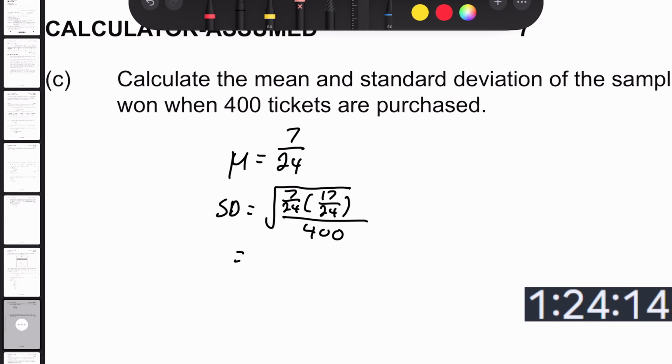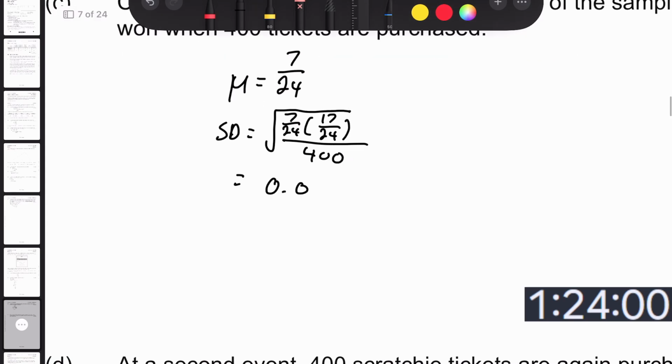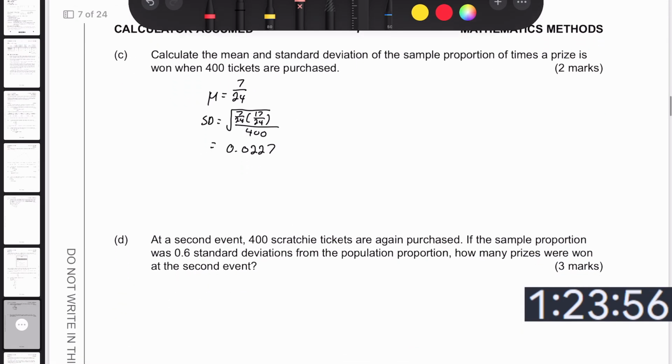I think I got that correct. 7 on 24 times 17 on 24 over 400. I get that is 0.0227.